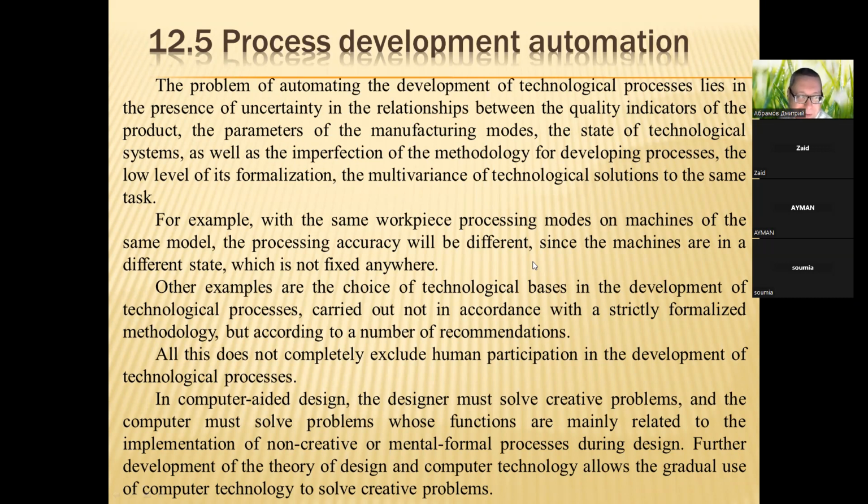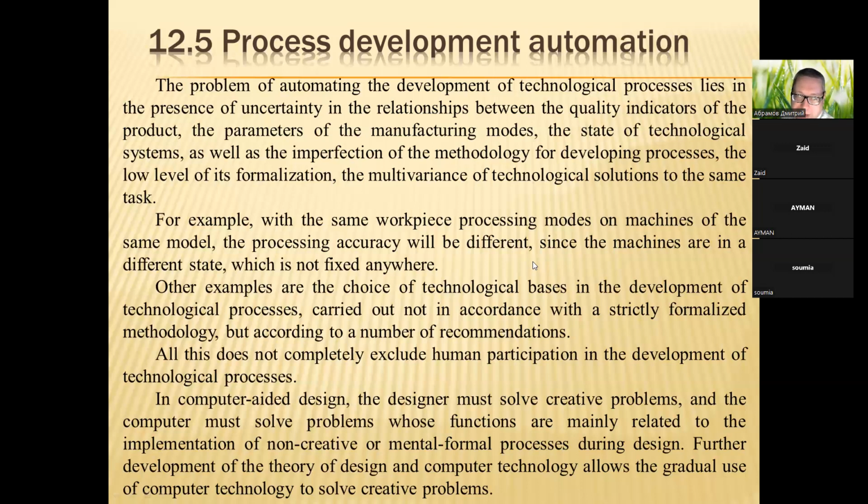Other examples are the choice of technological basis in the development of technological processes, carried out not in accordance with a strictly formalized methodology, but according to a number of recommendations. All this does not completely exclude human participation in the development of technological processes.